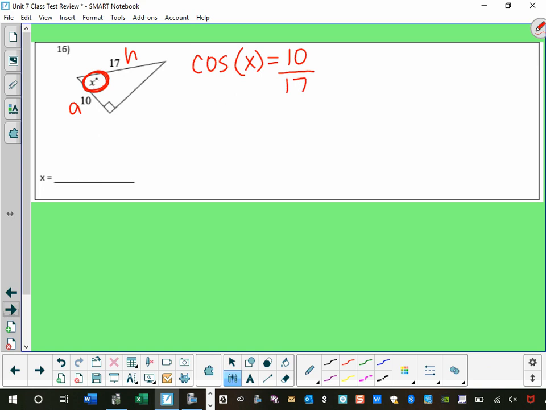And because I'm solving for this angle here, my angle comes down. My trig function goes to the other side as the inverse. And 10 over 17. What do you get for your angle? 54 degrees.